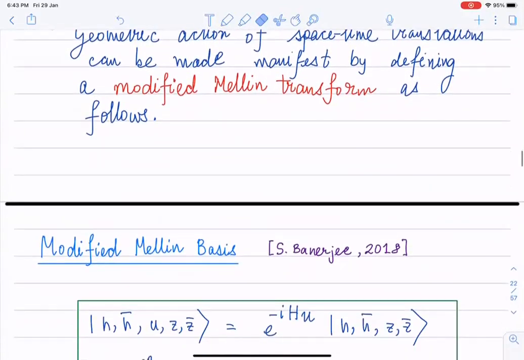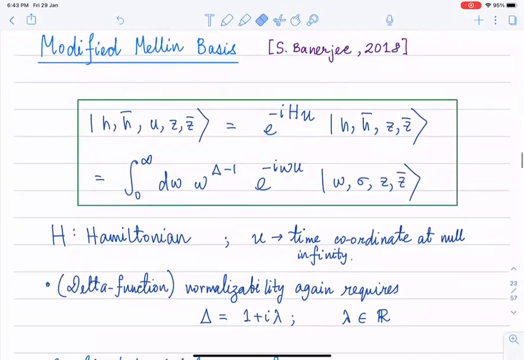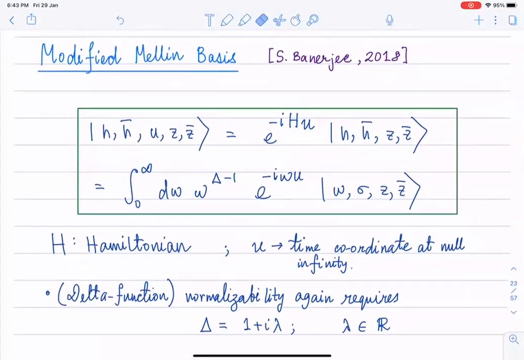Then I motivated that you can make space-time translations manifest by defining a certain modified Mellin basis, which includes in addition to whatever we had before these u coordinates, which had the interpretation of some retarded time coordinate at null infinity, right?